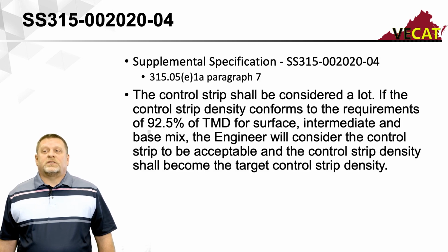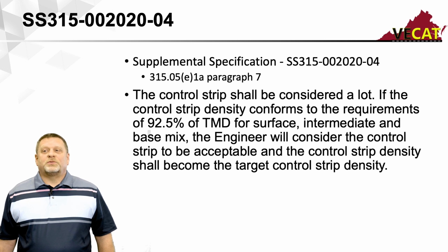But note here on this slide, there's actually a supplemental specification out for this. Since there's a supplemental, we need to make sure if there's anything that's changed. What has changed is in supplemental specification 315-002020-04, section 315.05 E.